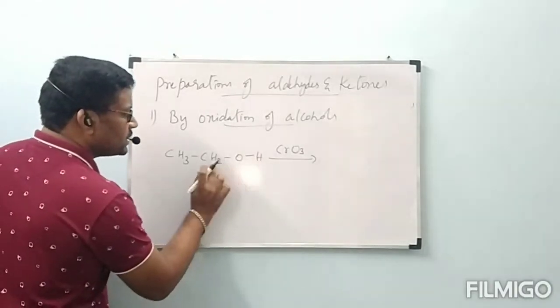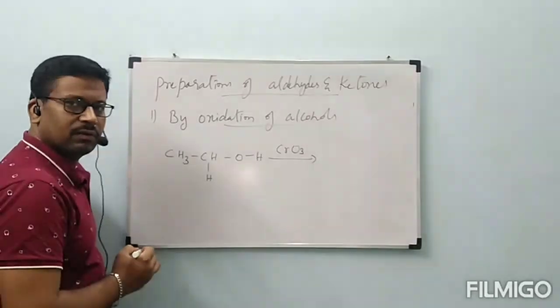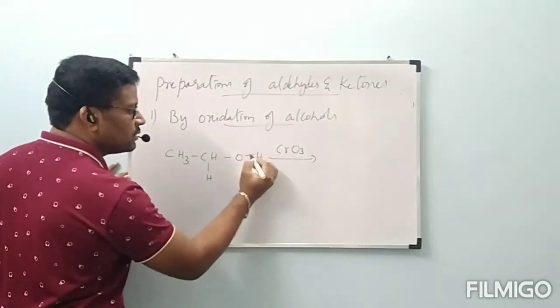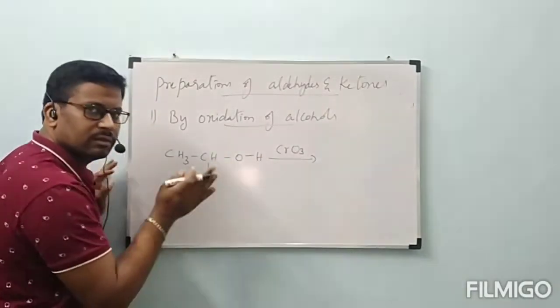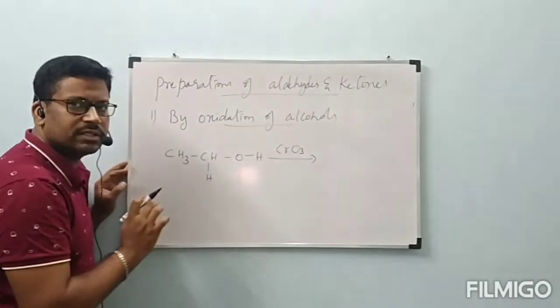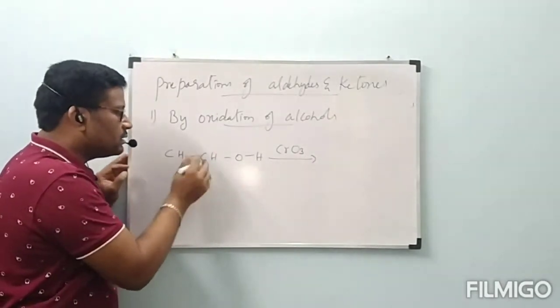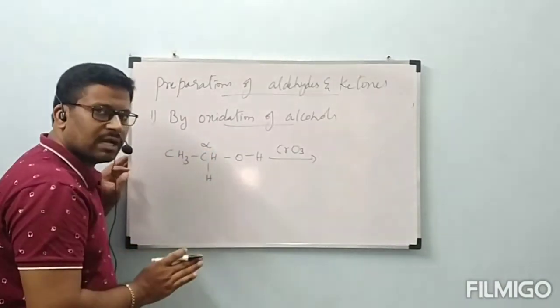Now CH2 I am writing as C with H H. Okay, now the hydrogen present on oxygen and the hydrogen present on carbon will be removed. That is called removal of hydrogen. The hydrogen present on oxygen and the hydrogen present on this alpha carbon will be removed as H.